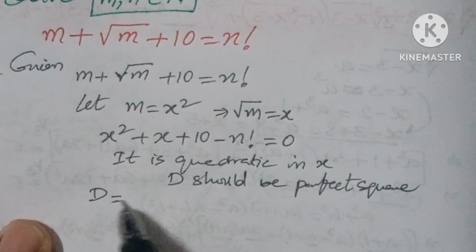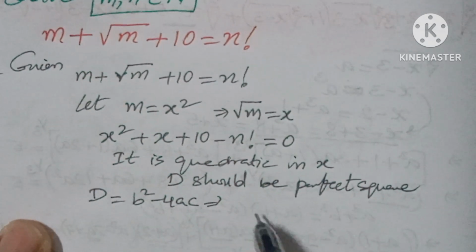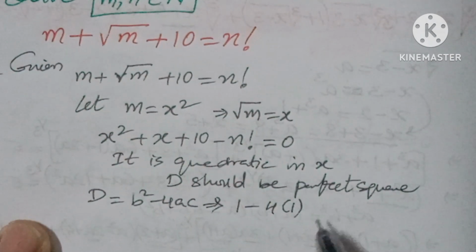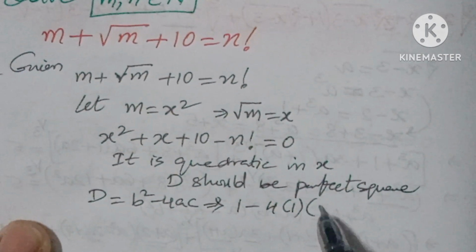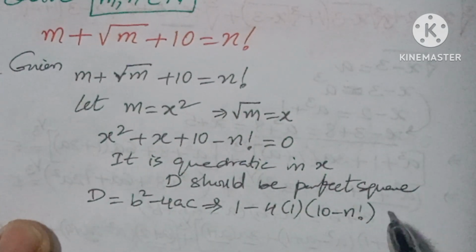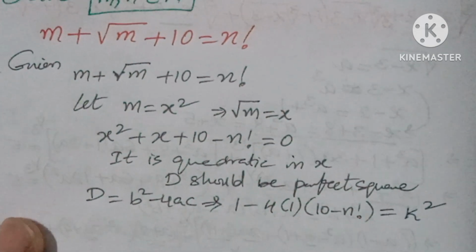We know that D is b square minus 4ac, so 1 minus 4 into 1 into (10 minus n factorial) should be a perfect square. Let us take k square.